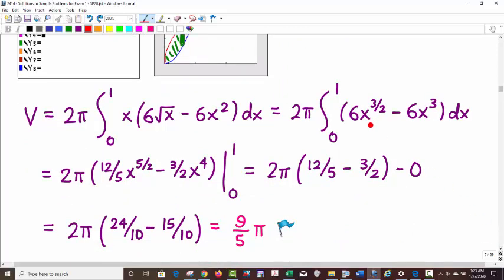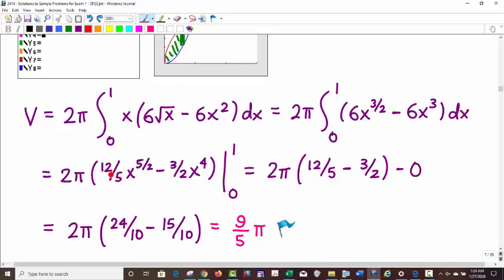Antiderivative of x to the 3/2 will be 2/5 x to the 5/2. So times 6 makes that 12/5 x to the 5/2. And then x cubed will be x to the 4th over 4. So 6 over 4 reduces to 3 over 2. And there's the x to the 4th from 0 to 1. Those are good numbers to plug in because they're easy.